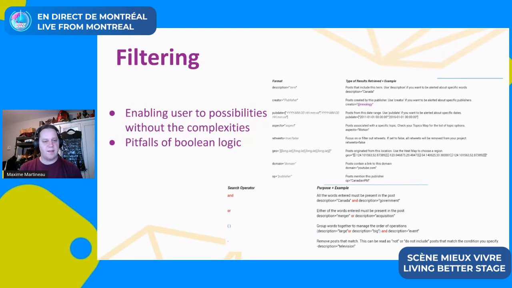We figured that there's a problem with the search operators they use: the and, the or, the priorities, the parentheses. People tend to confuse the and and the or, and there's the problem of explaining Boolean logic to people who are not used to it in a programming context. So there might be some graphical way to display that so that the user gets it more easily.